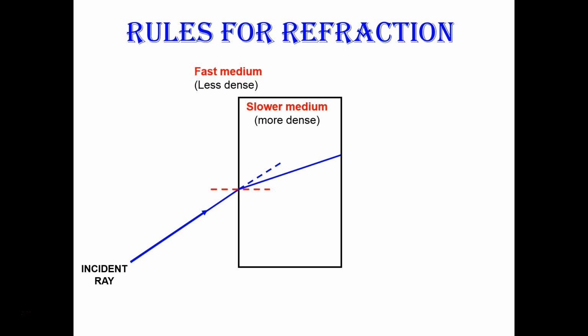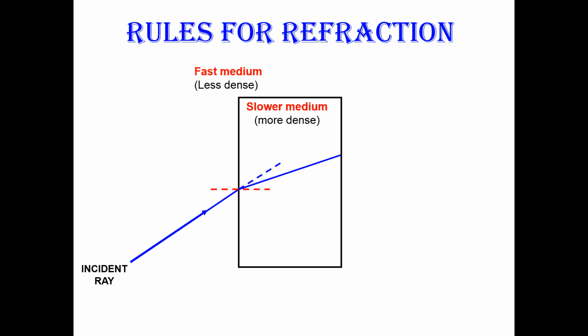But in fact, that's not the case. Instead, the incident ray changes its direction just a little bit. Notice that it's got a little bit closer to the normal than it would have been if it hadn't been bent at all. And this is the path that this light will follow as it travels through this dense but transparent material like glass.